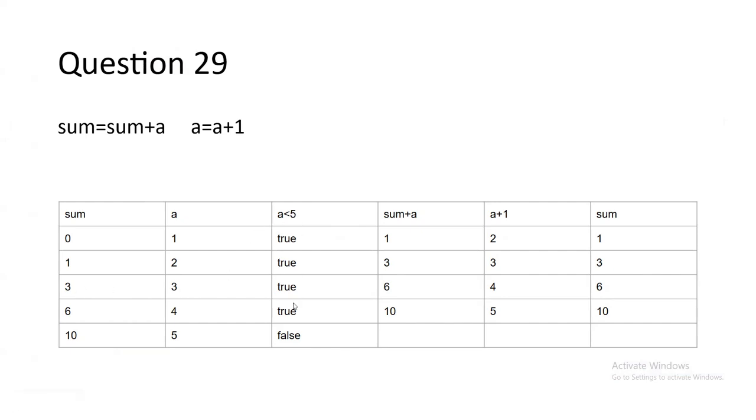Again, a is less than 5. Yes, 3 is less than 5. So you add these two for sum and you increment a by 1. Then these are the inputs for the next iteration. Still a is less than 5. True. So you again add sum and a and you increment the a value as well. So again, in the next case, these are the two inputs, but in this scenario, a is not less than 5. a is equal to 5.